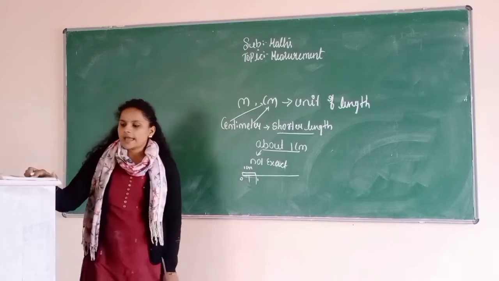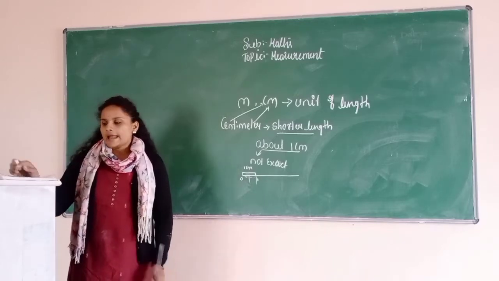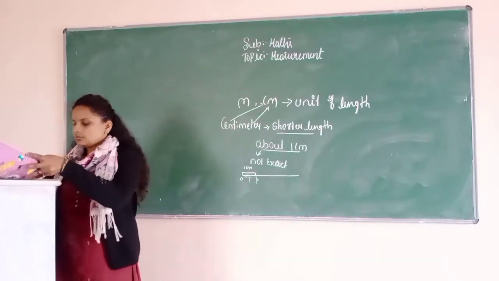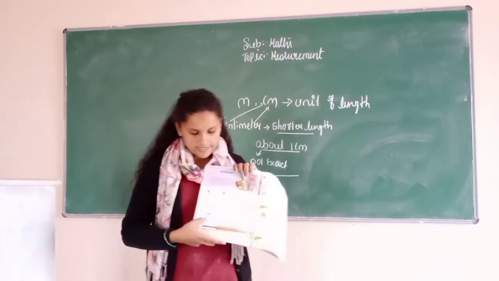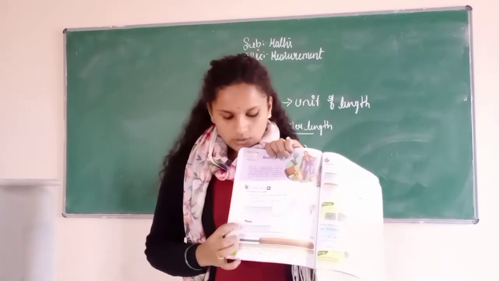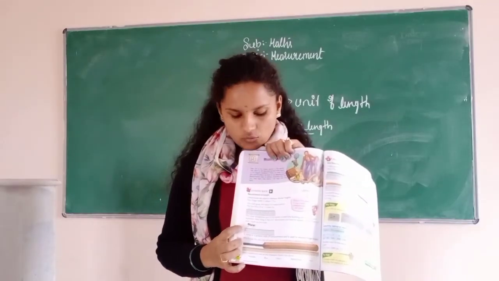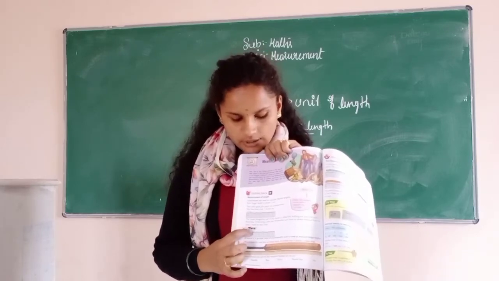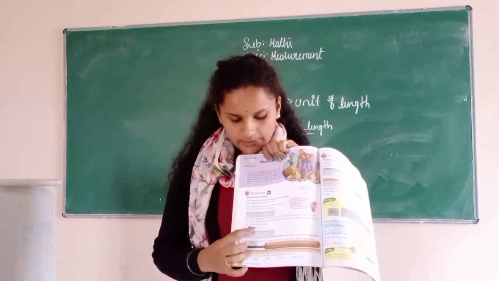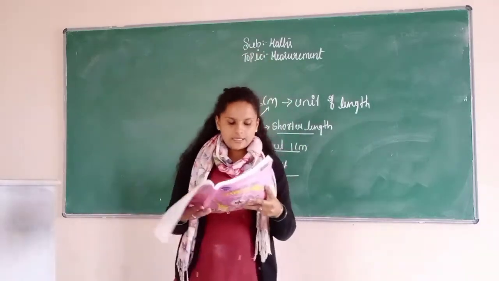In that we have an ant. The bulldog ant is measured with the help of the scale. We have to measure from the mark 0. From here to here, it is about 2 centimeters.